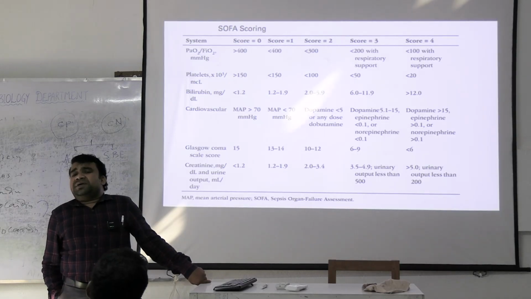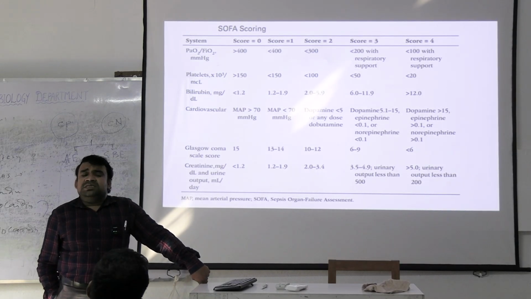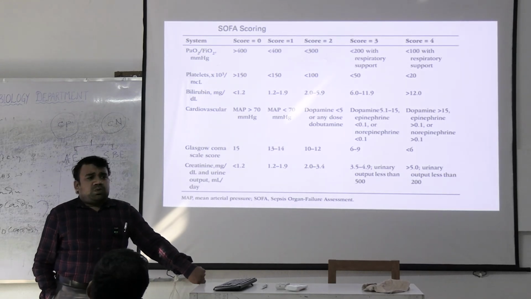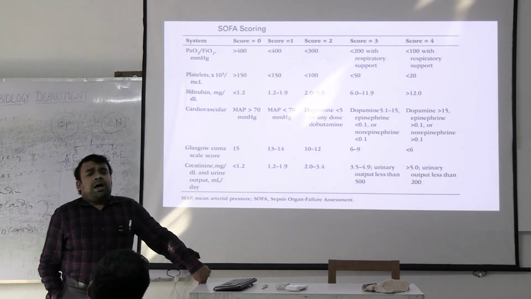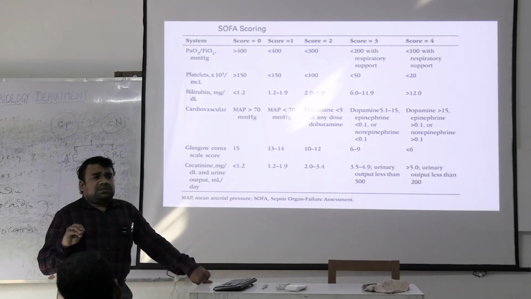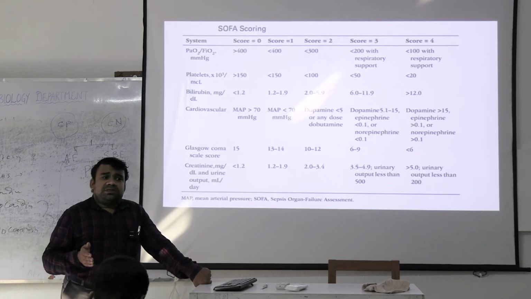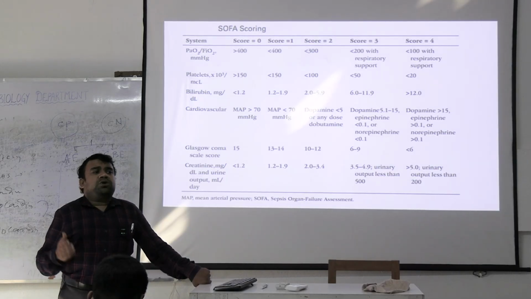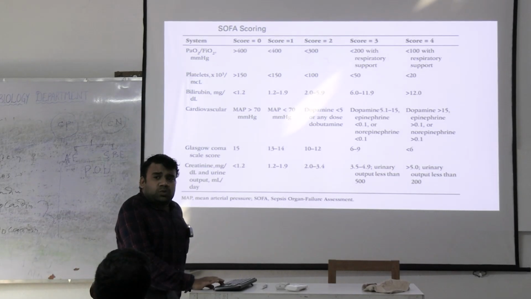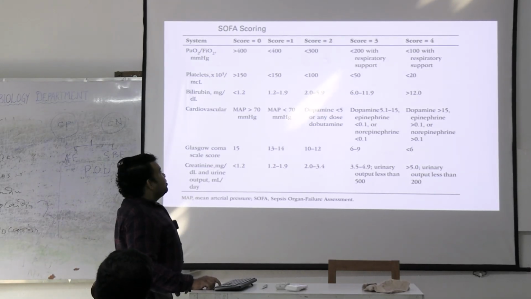That means clinical examination findings along with laboratory findings comprise the SOFA scoring. There are many other scorings too, like the critical care APACHE scoring, which you don't need now. What you need to understand is what is sepsis, what is SIRS, what is the definition of sepsis, what is septic shock, and how to recognize them. To recognize septic shock, you need to know the qSOFA score, or quick sepsis organ failure assessment.